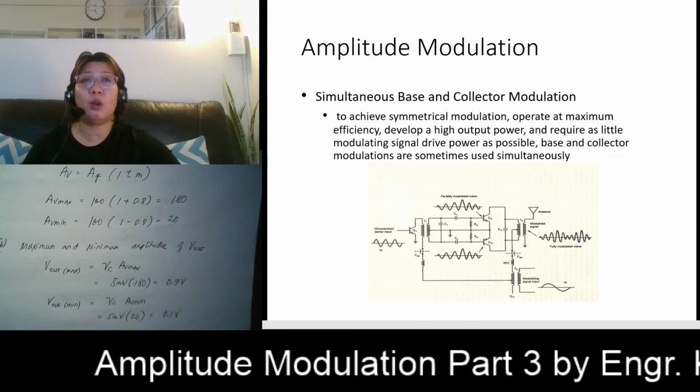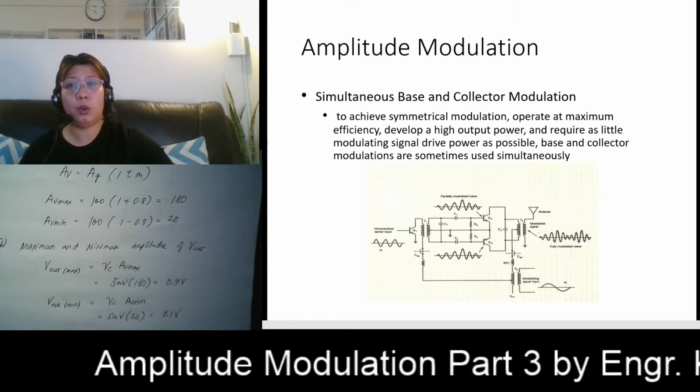Thus, the carrier signal on the base of your Q2 and Q3 has already been partially modulated, and the modulating signal power can already be reduced. The modulators are not required to operate over their entire operating curve to achieve 100% modulation, because upon entering here, they are already partially modulated.